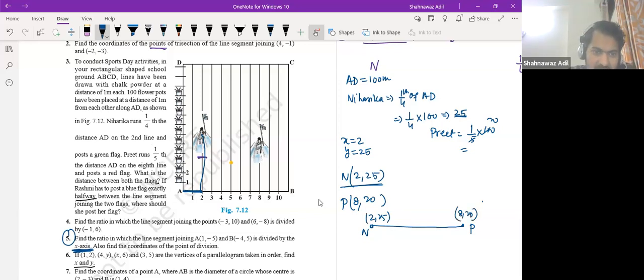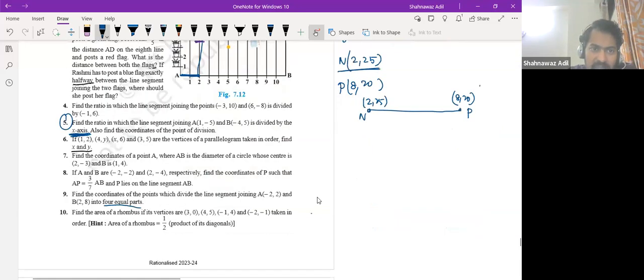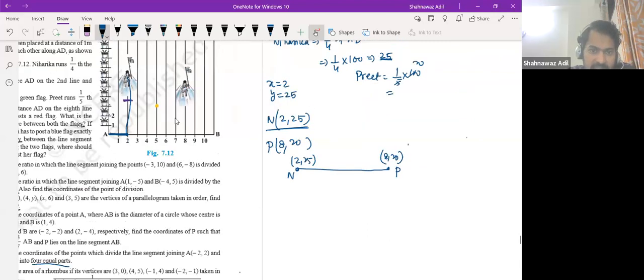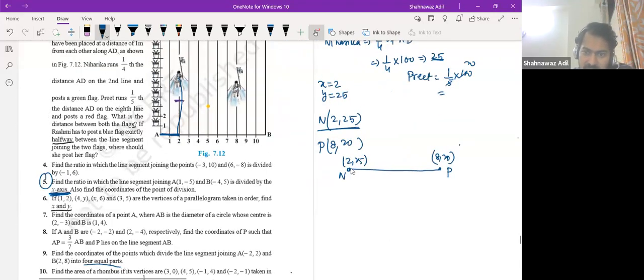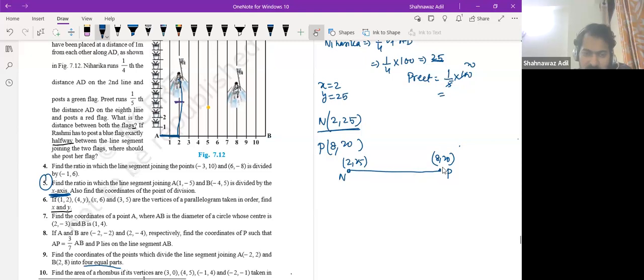Now in this question, they are telling you to calculate the distance between Niharika and Preet. So what will be the formula? Please use the distance formula and tell me. Tejasvi, you also please calculate.